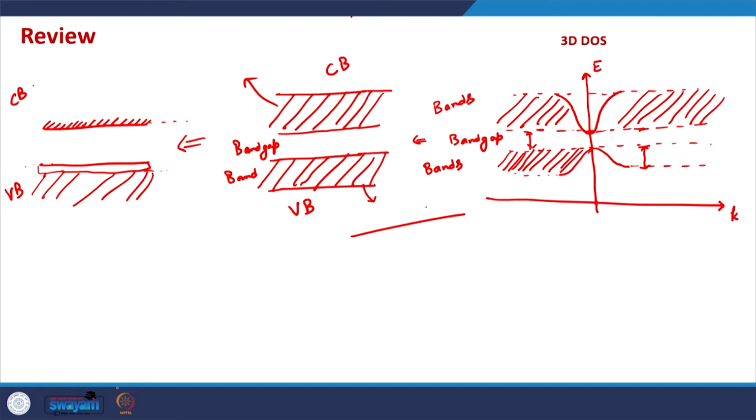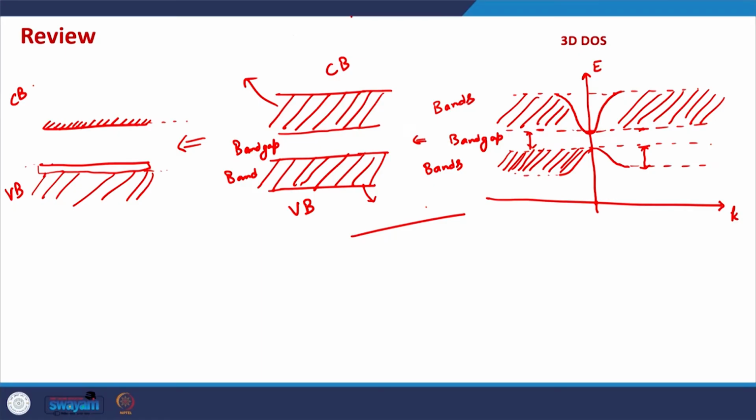That is why in our band diagrams and band structures we mostly plot the top of the valence band and the bottom of the conduction band, and in between we have a band gap, and that is where most of the semiconductor physics takes place. That is the most important regime to deduce the electronic properties of semiconductors. So, this is about solids.